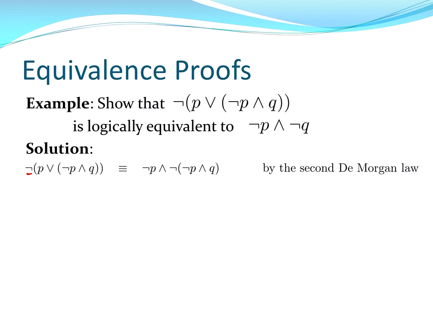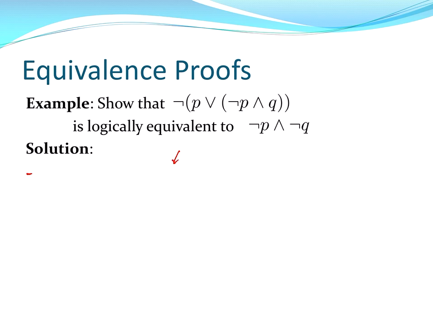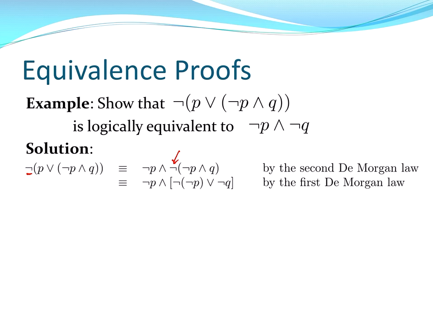And then we're going to look at that negation right there, and we're going to use De Morgan's law to bring it inside and make the conjunction in the right-hand parentheses a disjunction with two negated arguments. And the next thing we're going to do is target this double negation and get rid of it using the double negation law.